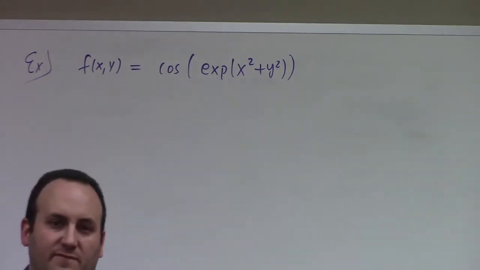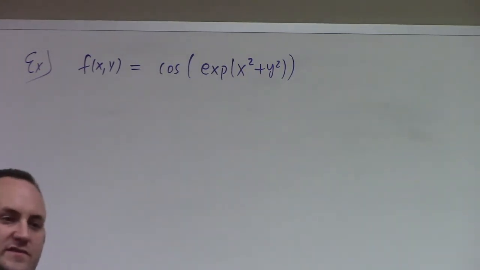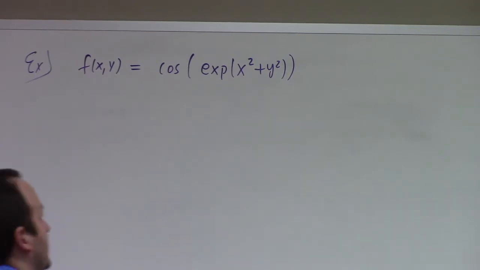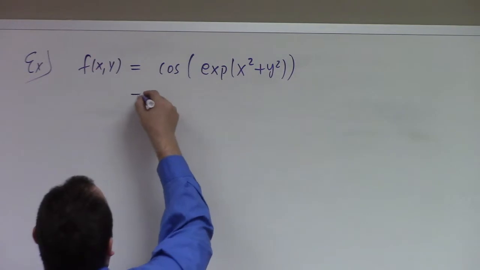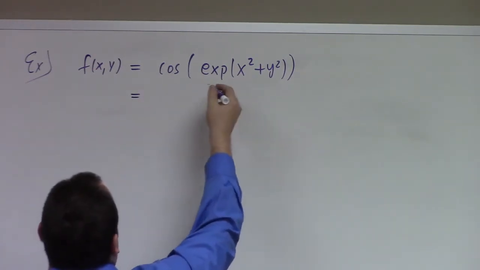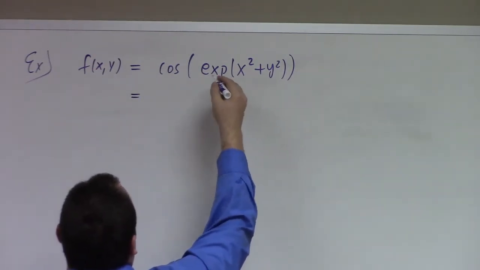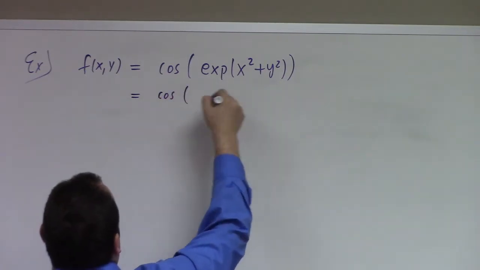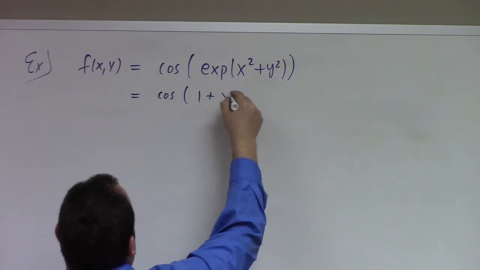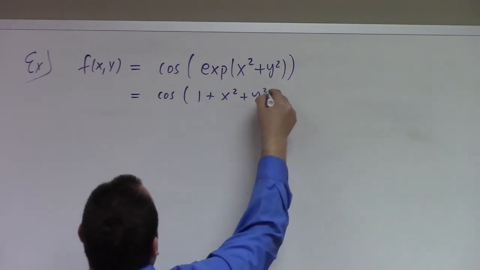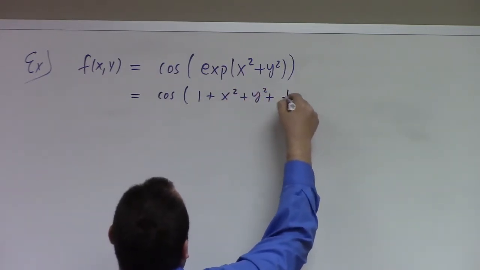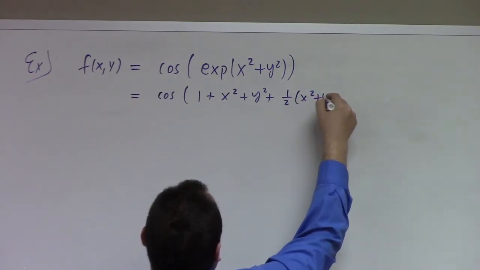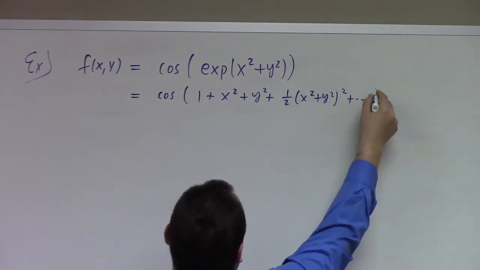So my first inclination is to just try substitution and see if it's helpful. And let me take a second here to show you why substitution maybe is not helpful. So this is cosine of what? It's cosine of 1 plus x squared plus y squared plus 1/2 of x squared plus y squared squared plus dot dot dot, right?